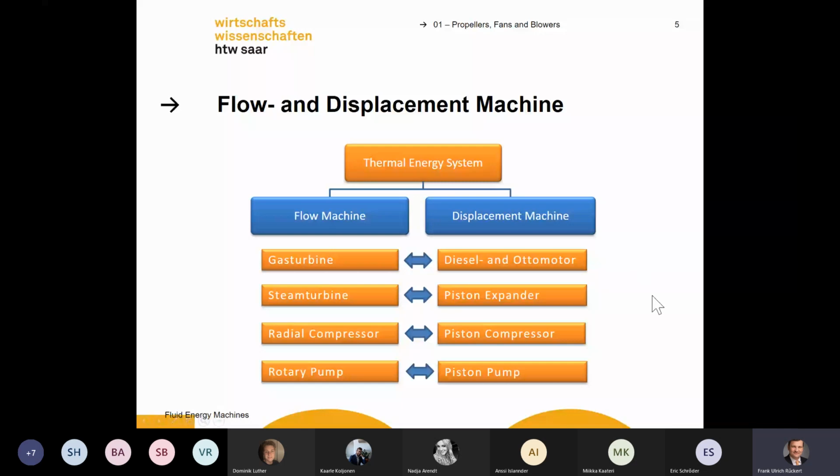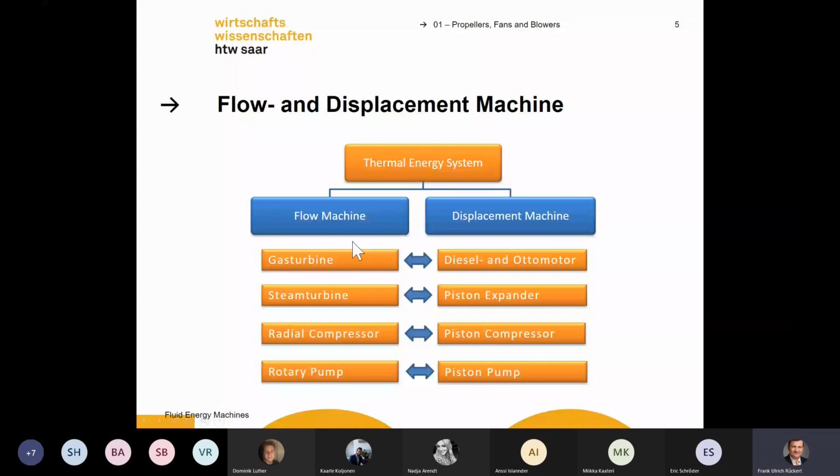Okay, what are fluid energy machines? More or less, fluid energy machines are thermal energy systems, and we want to divide the fluid energy machines on one side into flow machines and on the other into displacement machines. Flow machines have rotating parts.